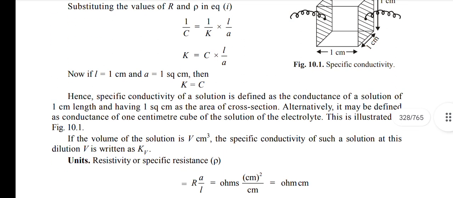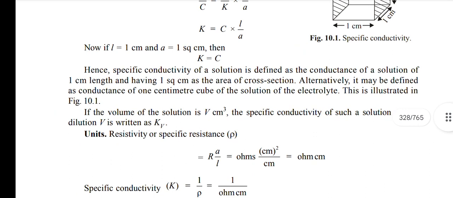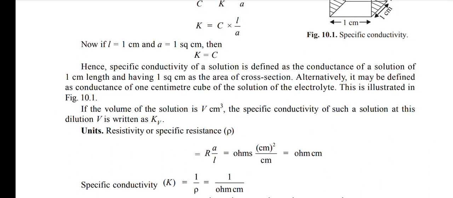Now, if L is equal to 1 centimeter and A is equal to 1 square centimeter, then K is equal to C. Hence, the specific conductivity of a solution is defined as the conductance of a solution of 1 centimeter length and having 1 square centimeter as the area of cross section.